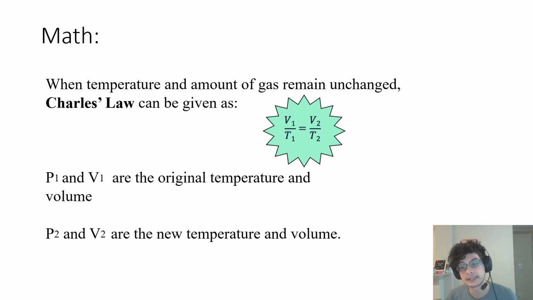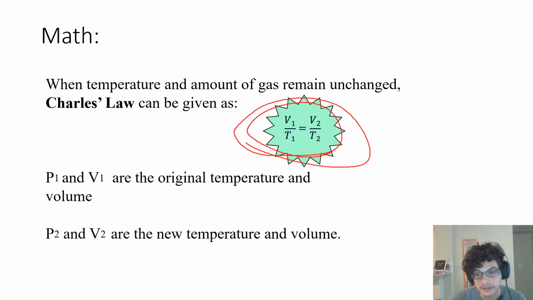To show a directly proportional relationship, you can just use fractions like this. So Charles's law, we say that volume and temperature are directly proportional. So you could say V1 over T1 is equal to V2 over T2. Again, that 1 and 2 refer to the initial versus the final.